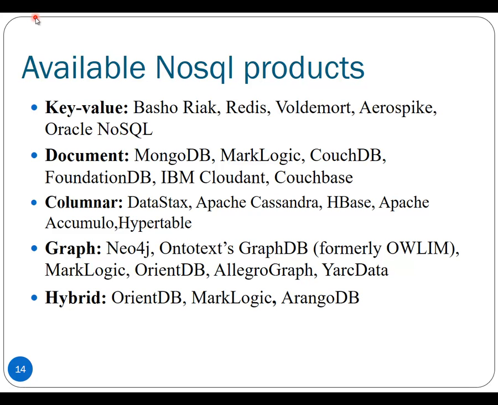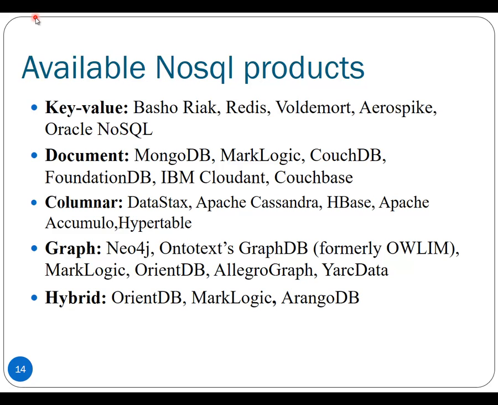These are different databases for the document-based type. The third one is columnar: DataStax, Apache Cassandra, HBase, Apache Accumulo, Hypertable. These are some databases in this category, columnar.